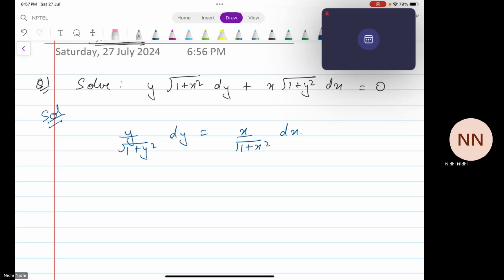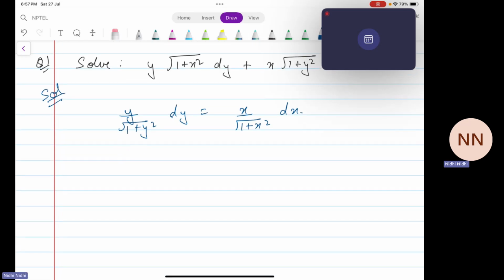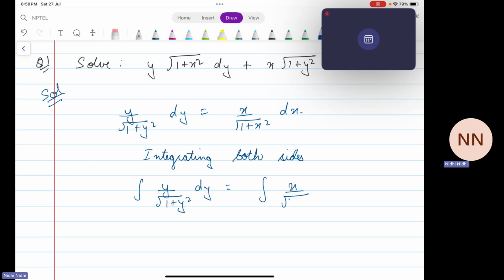Now we can easily integrate both the sides. Integrating both sides, what we get? Integral y upon under root 1 plus y square dy equals to integral x upon under root 1 plus x square dx. Now we'll try to solve these integrals.